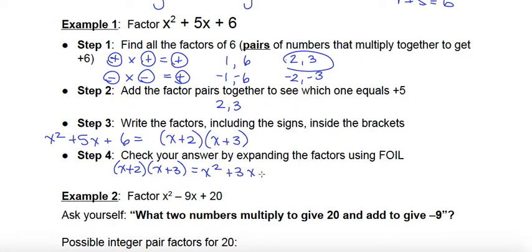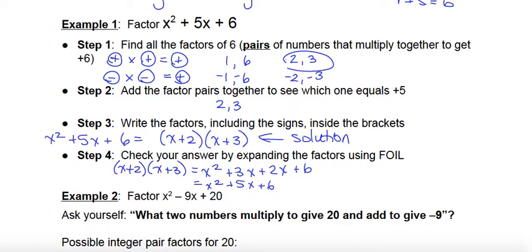Inside, 2 times x is 2x. And last, 2 times 3 is 6. Add my two middle terms together, x squared plus 5x plus 6. That's what I started with. So I know I've done this correctly. So these are the factors, so this would be my solution, and this is my check.